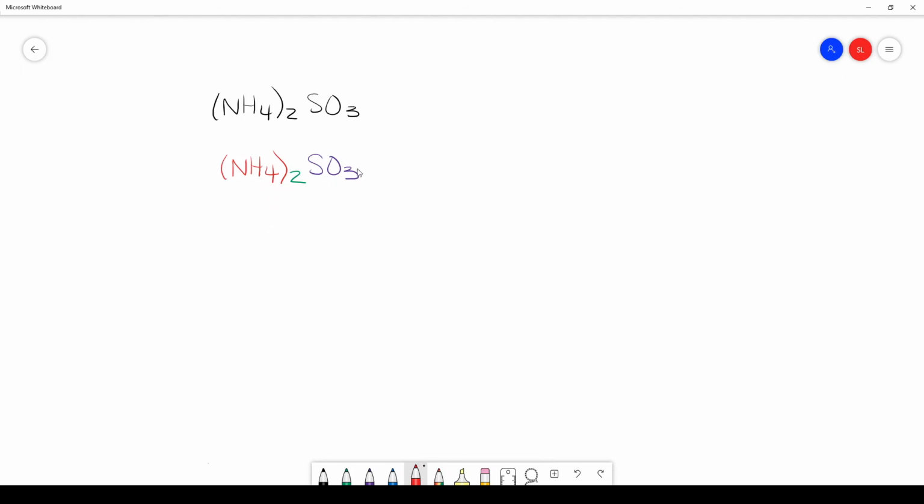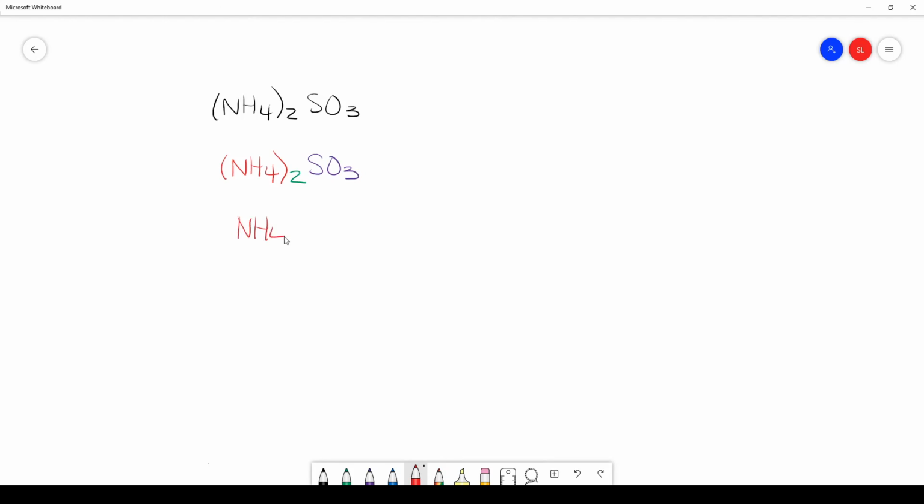So when I do this, I'm going to ignore the subscripts. Now I can't ignore the subscripts that are already part of a polyatomic ion, but I'm going to ignore this 2, because this doesn't tell me anything about the cation itself. It only tells me how many I needed to combine with the sulfite to get charge neutrality.